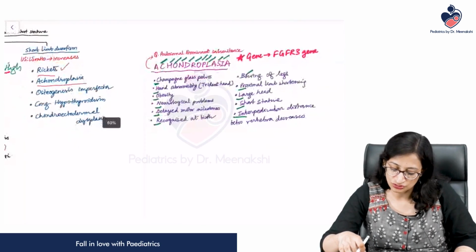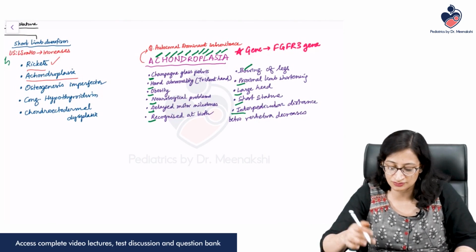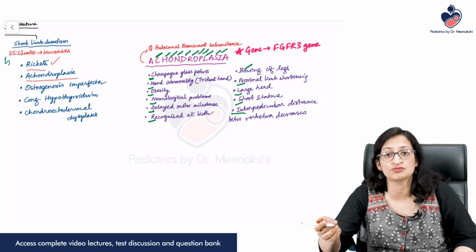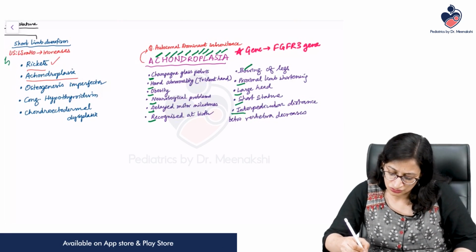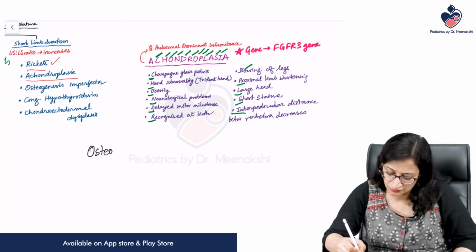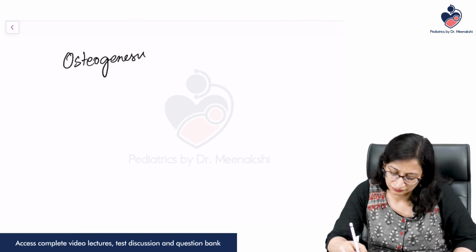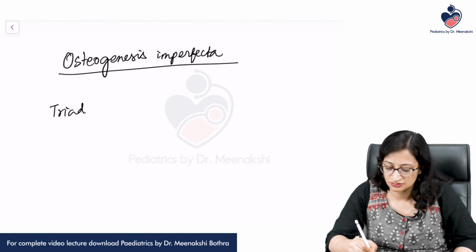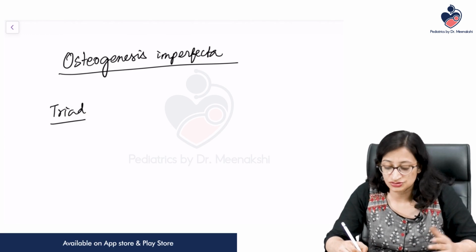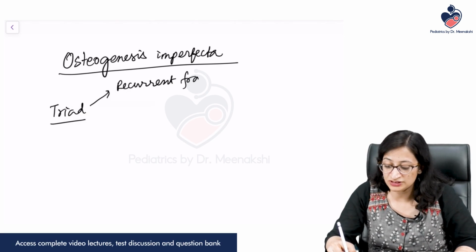So coming to important causes of short limb dwarfism, we discussed rickets. We can see in the musculoskeletal system, achondroplasia. We already discussed some important features. A little bit about osteogenesis imperfecta here. In osteogenesis imperfecta, you get a classical triad of recurrent fractures or bony deformities.